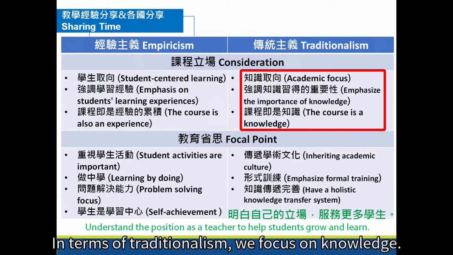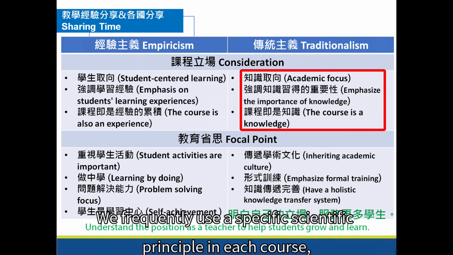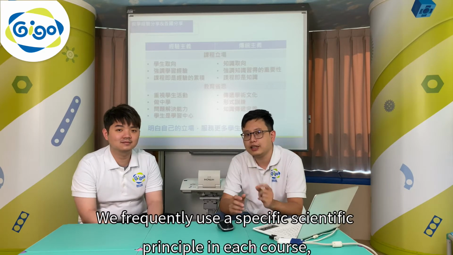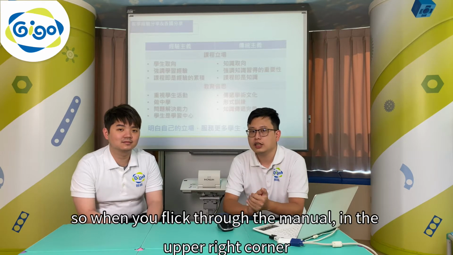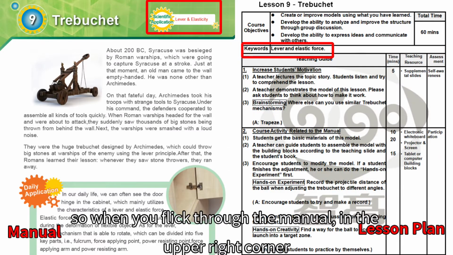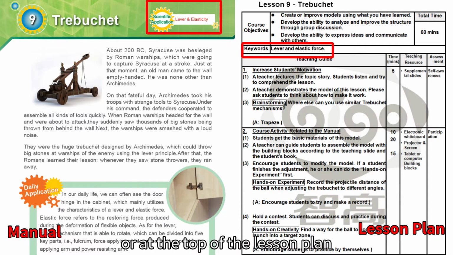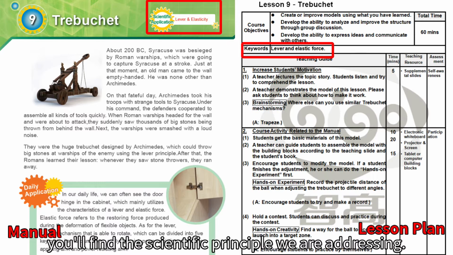In terms of traditionalism, we focus on knowledge. We frequently use a specific scientific principle in each course. So when you flick through the manual, in the upper right corner or at the top of the lesson plan, you'll find the scientific principle we are addressing.